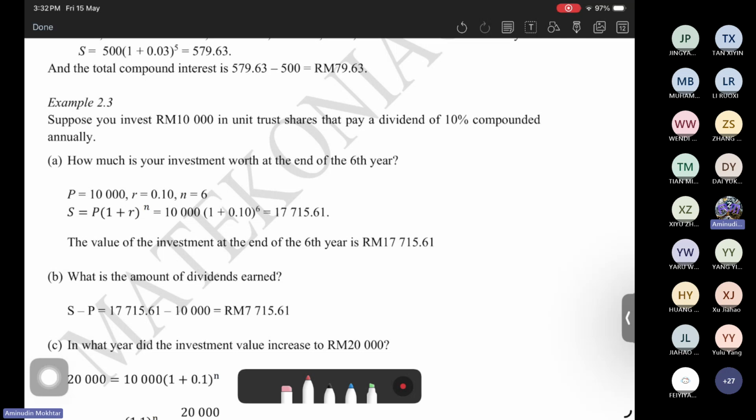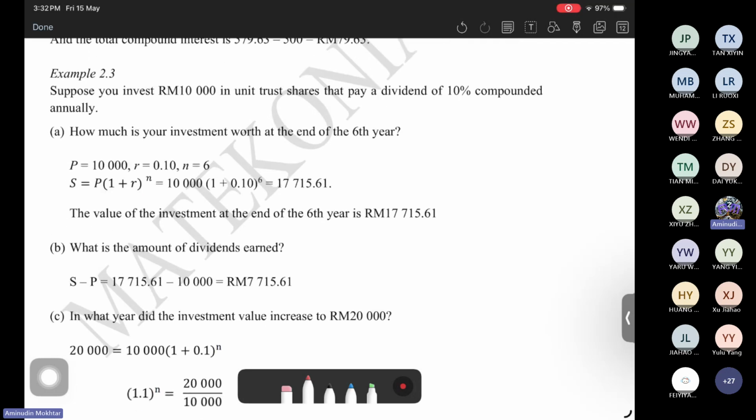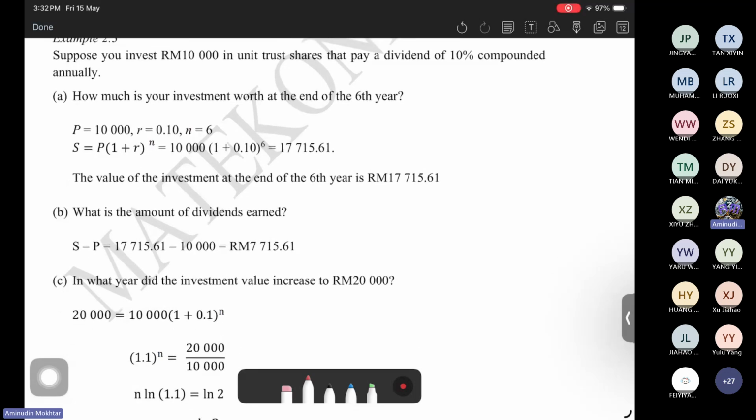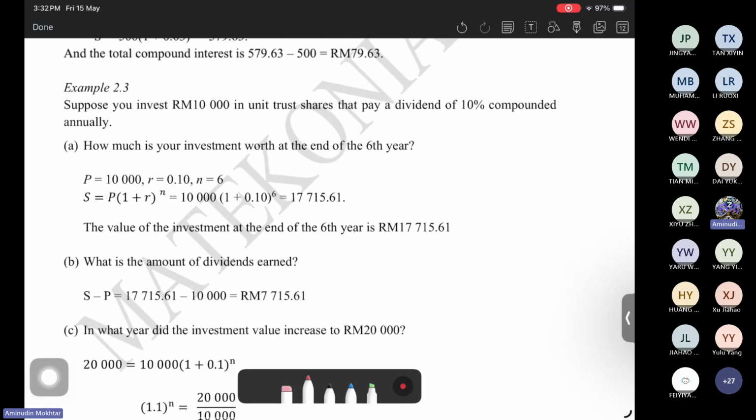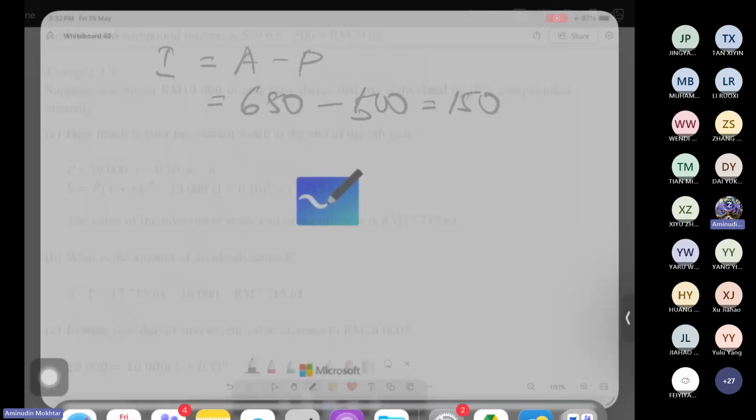Suppose you invest 10,000 in a unit trust share that pays dividend of 10% compounded annually. Let me show you. You can refer to example 2.3. There is a question and answer. I will show you how to find the answer.